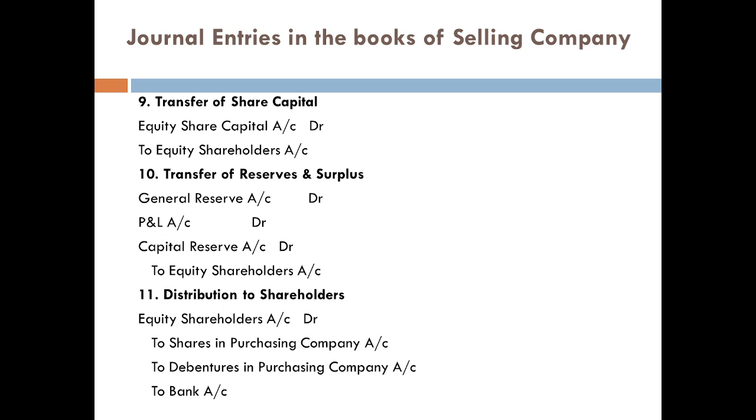Then we have transfer of reserves and surplus to the equity shareholders, where the journal entry is general reserve account debtor, P&L account debtor, capital reserve account debtor to equity shareholders account. And finally we close the books of accounts by paying the equity shareholders, where the journal entry is equity shareholders account debtor to shares in purchasing company account, to debentures in purchasing company account, and to bank account.